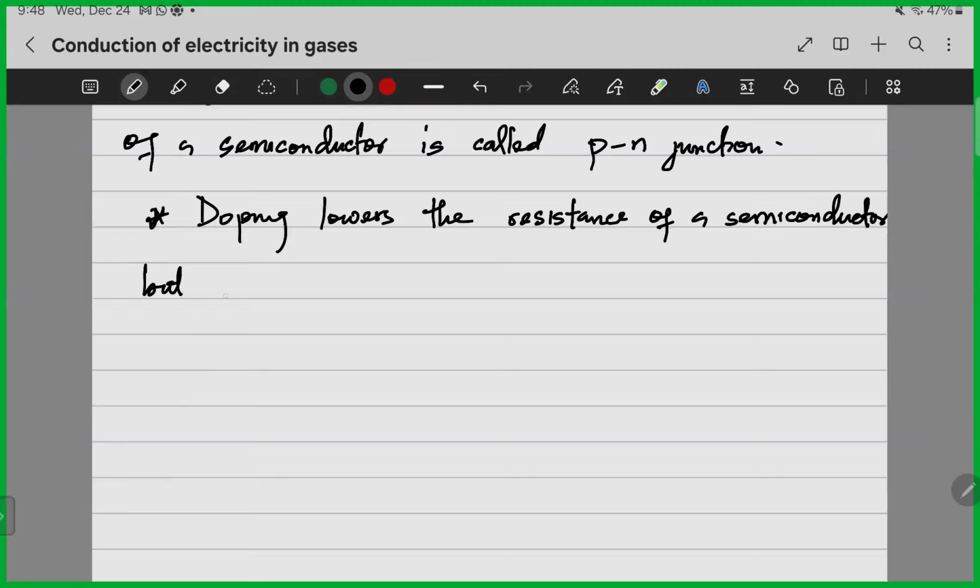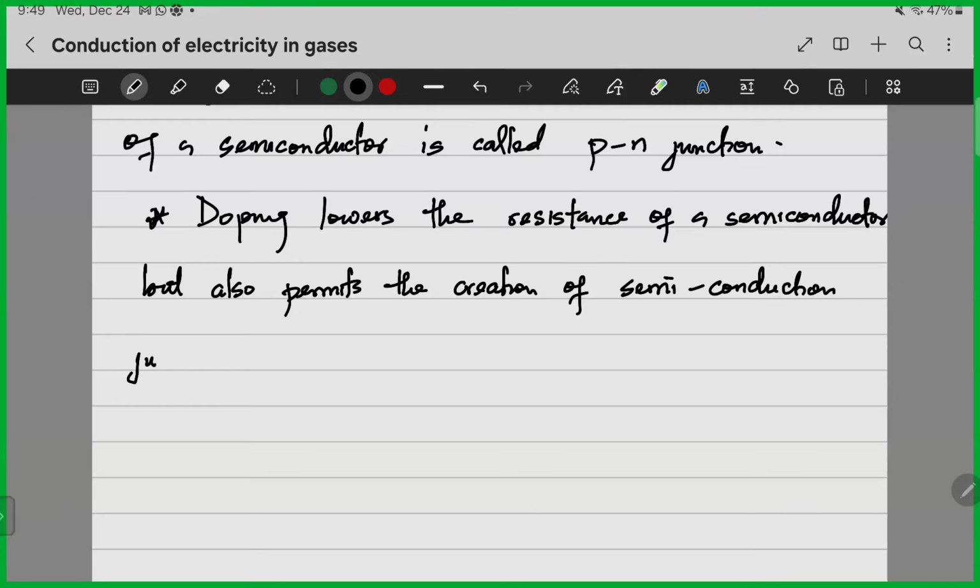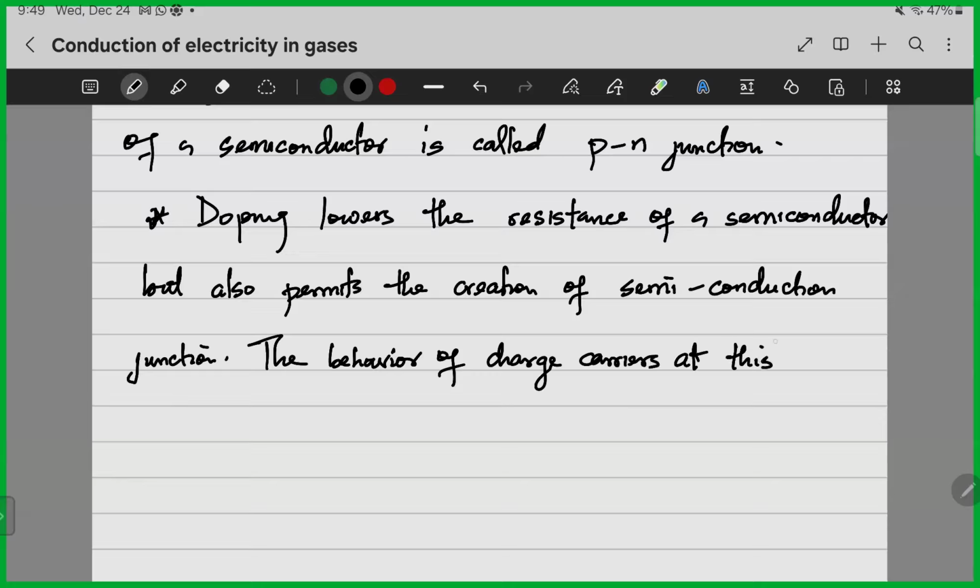But it also permits the creation of a semiconductor junction. The behavior of charge carriers at this junction is responsible for the usefulness of semiconductors.